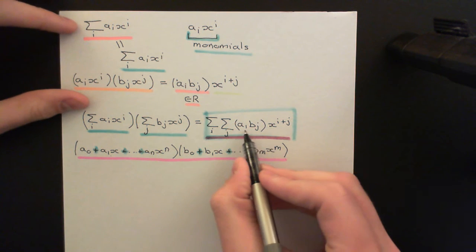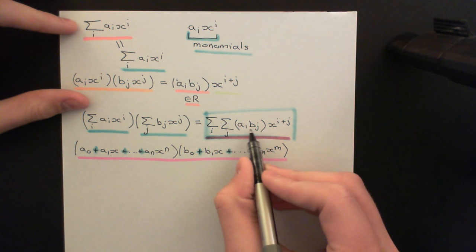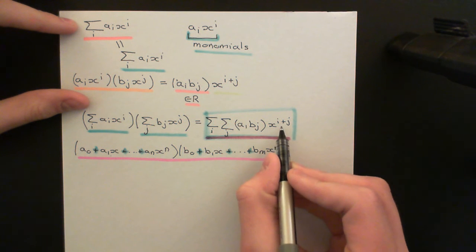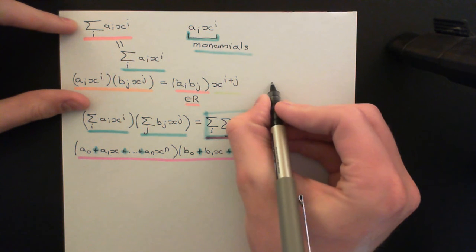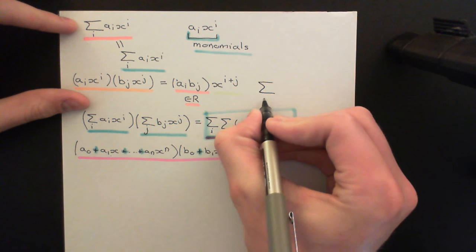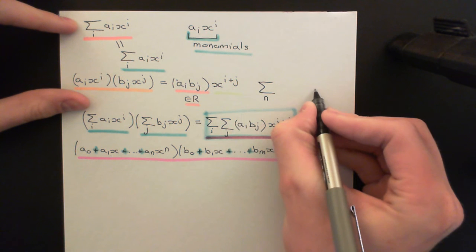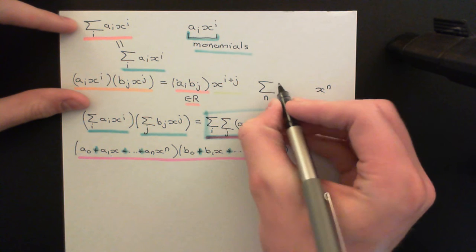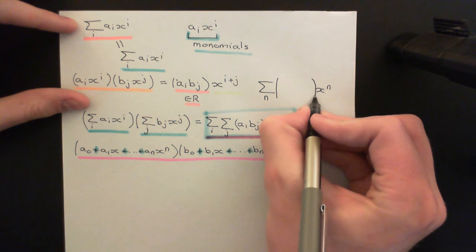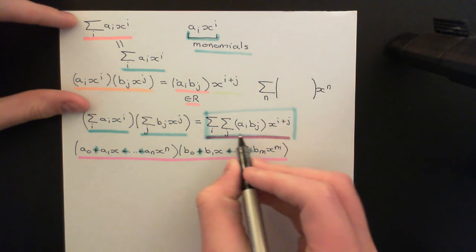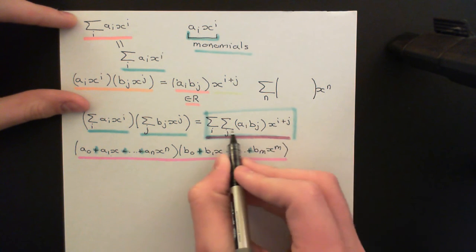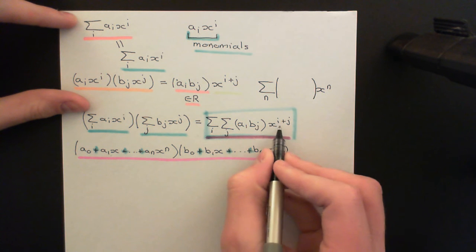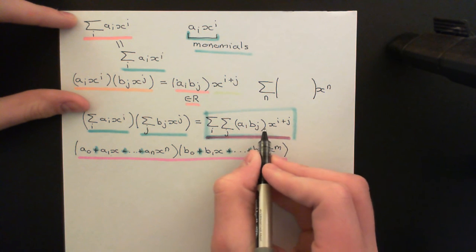So we just need to collect together all of the coefficients in front of equivalent powers of x. Writing this out, let's take the sum over n, using a new index, and then we'll have x^n here. What's the coefficient going to be in front of each x^n? For each n, there are loads of possible combinations of i and j that would give that n, so we need to acknowledge that.